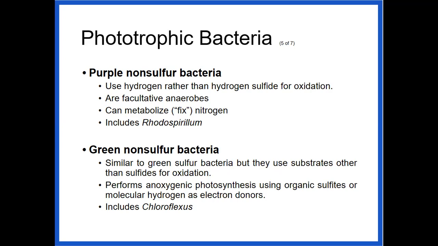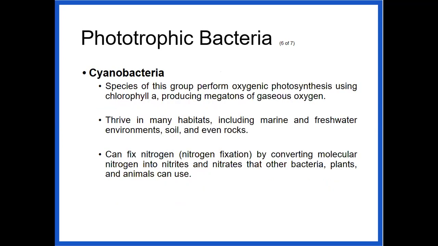So they are similar to green sulfur bacteria, but instead of sulfides, you have other substrates for oxidation. So without oxygen, they use organic sulfides or molecular hydrogens as electron donors. So it includes chloroflexus.